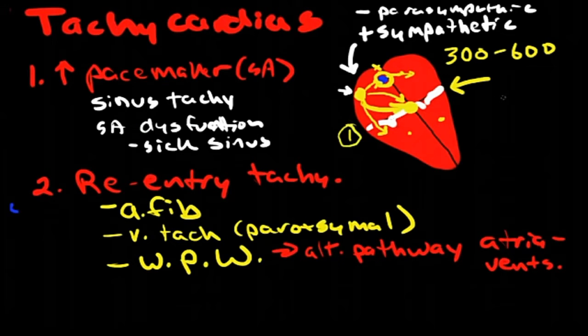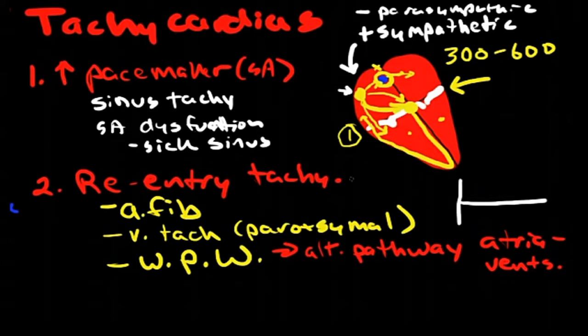Then step number two is the waveforms that do go through here depolarize the ventricles and then come back up here and depolarize the atria too quickly. So we end up with an EKG that looks like this.